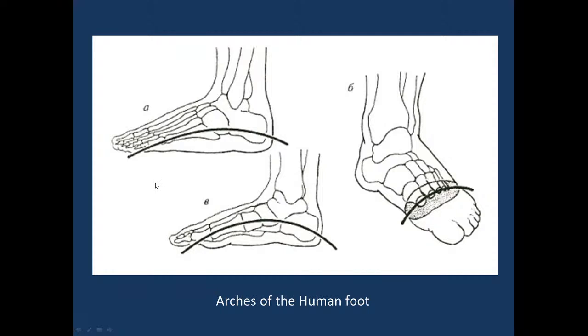The typical human foot has arches, longitudinal arches like here, and even transversal arches, which help humans to keep our body in the vertical position while we're standing and walking.